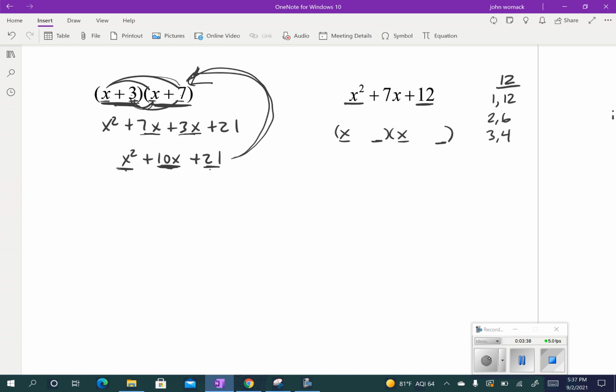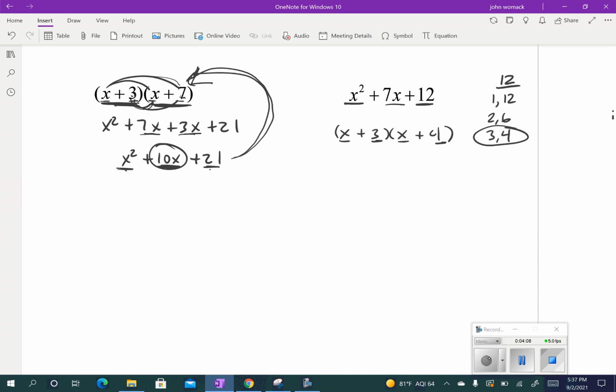Well, I have to figure out which one of those would give me the 7x. Well, if it's 1 and 12, if I put a plus 1 and plus 12, when I times those, remember how the 7x and the 3x, the 7 and the 3, right, added up to be 10? I need these factors to add up to be 7. So 1 and 12 don't work, 2 and 6 is 8, 3 and 4 adds up to be 7. So I'm going to put a plus 3 and a plus 4 in there.